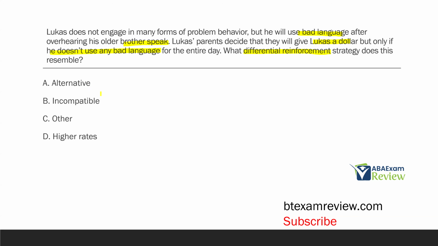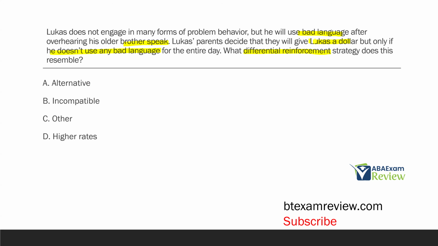Why can't it be A or B? Well, because A or B teaches a specific alternative or replacement behavior, and we're not doing that here. So it cannot be a DRA or a DRI. It has to be C, a DRO, a differential reinforcement of other behavior. Because with the differential reinforcement of other behavior strategy, we are reinforcing for a behavior not occurring.